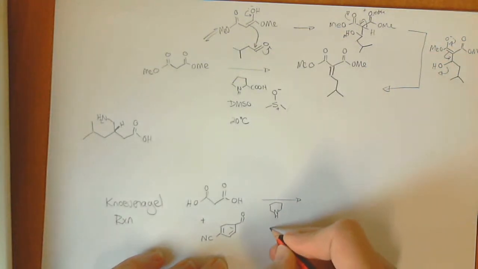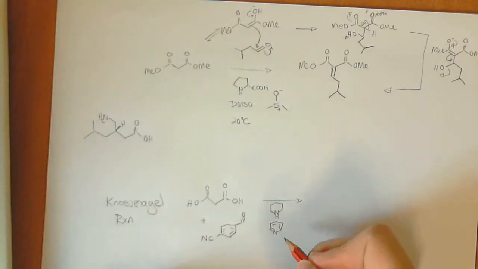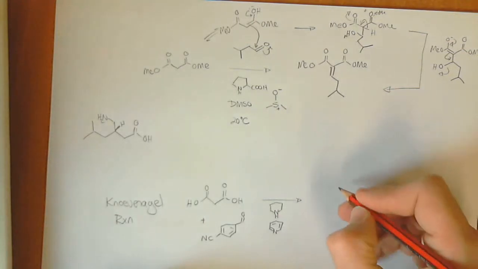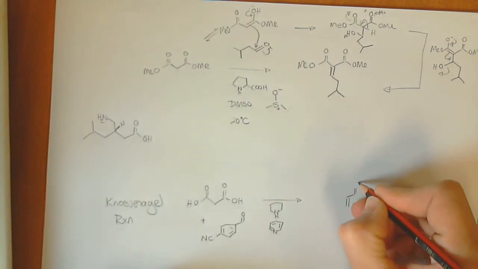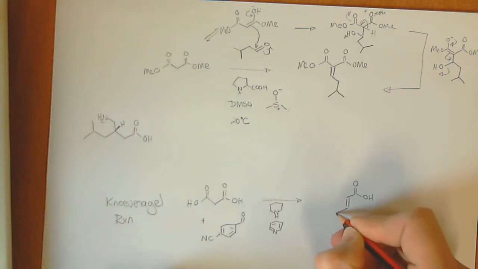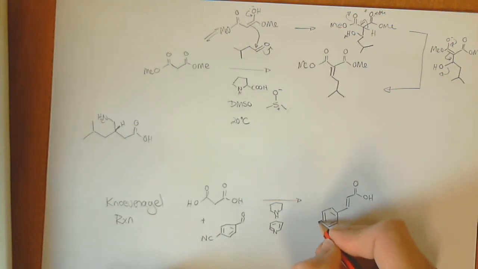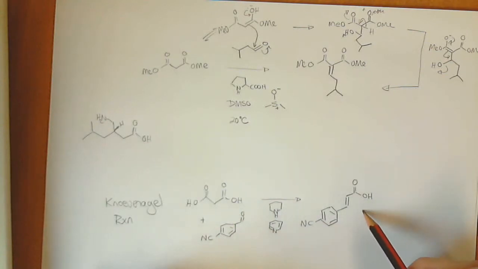Knoevenagel reactions are very typically done in the presence of piperidine, which looks like this. That's piperidine, and also, oddly enough, and I actually don't know why myself, I'll confess, a mixture of piperidine and pyridine, and the product looks something like this. Now, from the work we've done so far, you should be able to develop a mechanism of how we would go from those two to this over here.